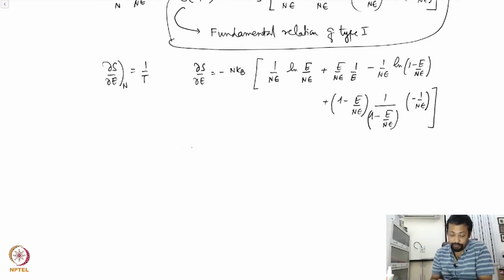Now this is a lot of simple algebra that one has to do, but that is nothing very difficult and is absolutely doable. The left hand side is 1 over T.